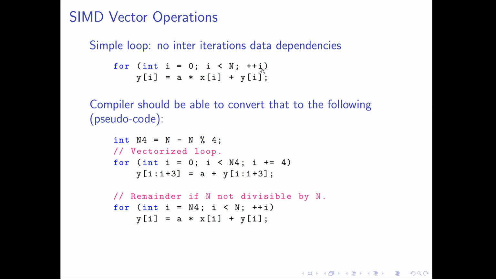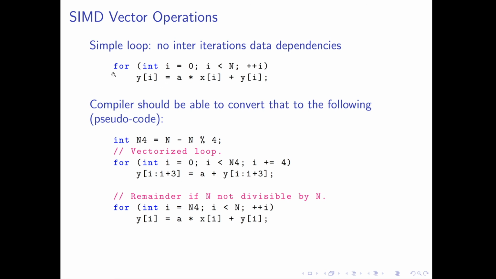So the loop counter here has a stride of 1 because the steps that I'm taking through those vectors of length n are 1. Each time I schedule a new loop iteration, I only operate in this scalar loop, on one data item at a time.